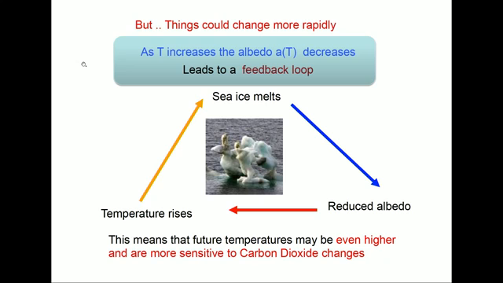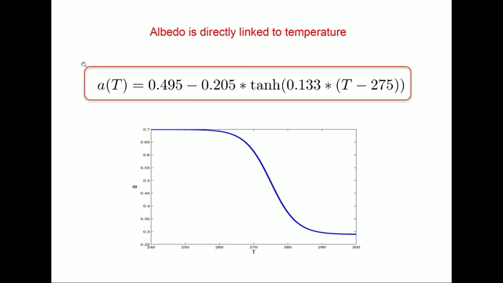What this does is it increases the sensitivity. So the calculation I did earlier, where I changed emissivity, means that with this sort of feedback mechanism, a small change in carbon dioxide can actually have a more significant effect on the atmosphere. One way we can see this mathematically is here is a model for the albedo, that's the reflectivity, as a function of temperature.